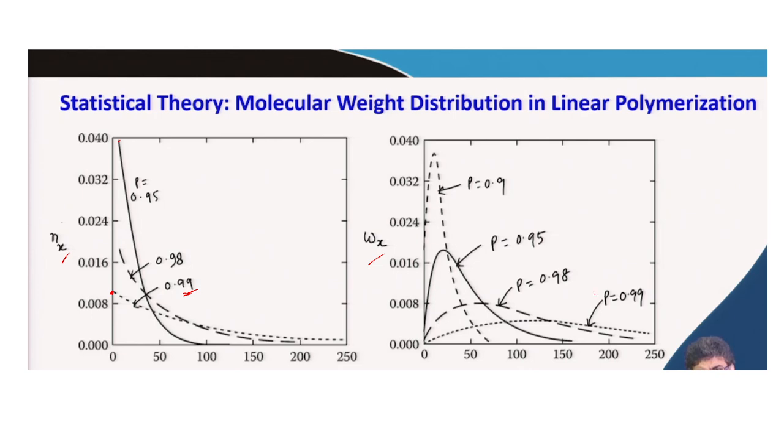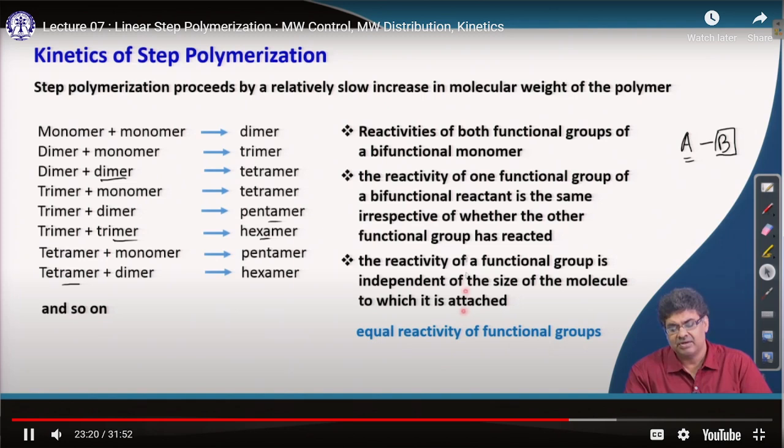When the conversion is low, the weight fraction of lower molecular weight molecules is high. As conversion increases, the distribution shifts in the right-hand direction, and at very high conversion you can see that the higher molecular weight fraction is larger compared to lower molecules. Why is this happening?